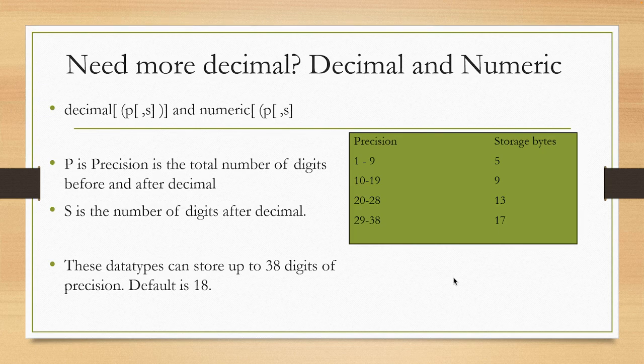The default precision is 18, but these data types can store up to 38 digits of precision, so you can have 38 numbers before or after the decimal.